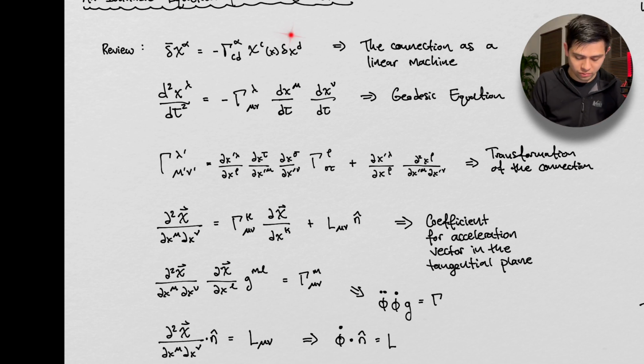That direction is given by one of the vectors fed into this machine, and then the actual vector itself that's being transported. So this gave us some idea of what it meant to be the same or parallel in two different vector spaces. So that's this equation.